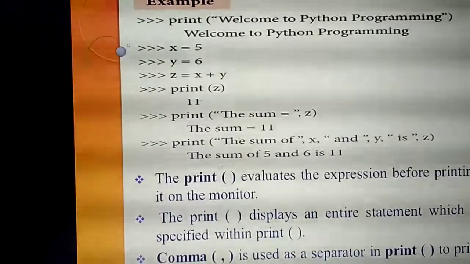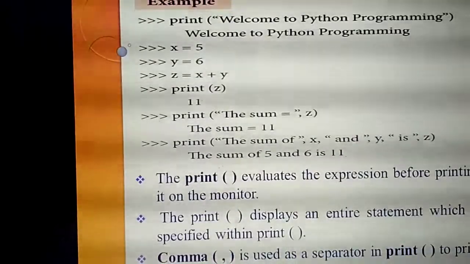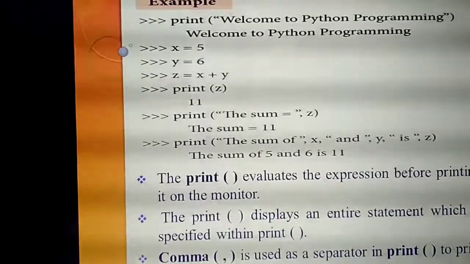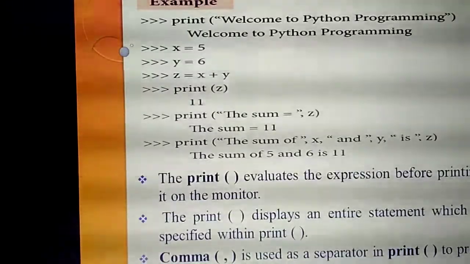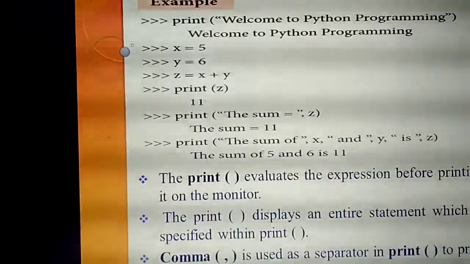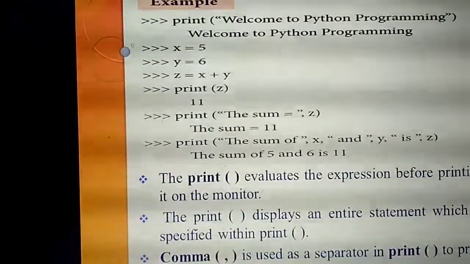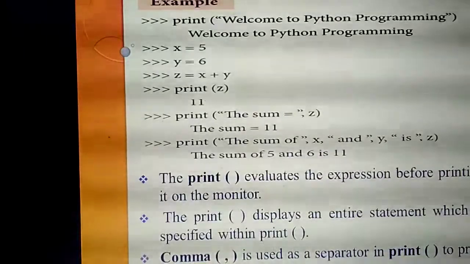More than one item means you need to use comma symbol to separate that item. Understand? So if we are giving more than one item inside this printf function, you should use which symbol to separate that one? Comma symbol. Understand? What are things you have studied in printf function?